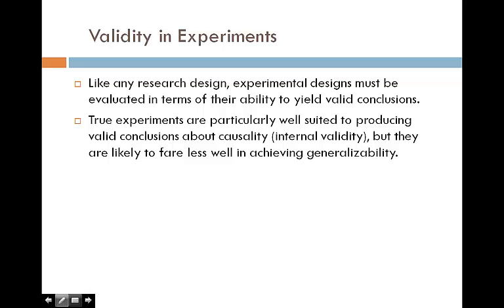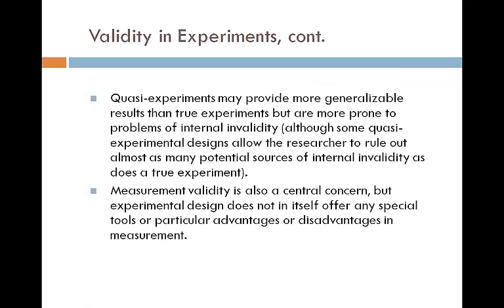So everything has two sides. Experiments are good at internal validity, which is causality, and weak in generalizability. Quasi-experiments may provide more generalizable results than true experiments, but are more prone to problems of internal validity.